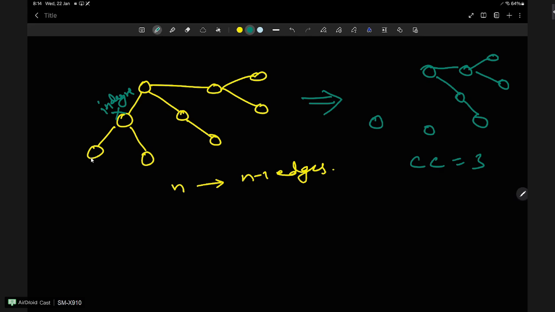If we remove a leaf node, there is no change in the number of connected components, because it is connected to some node and we are removing only it. But if we remove some inner node, then the total number of connected components the graph will have equals the degree of that node.